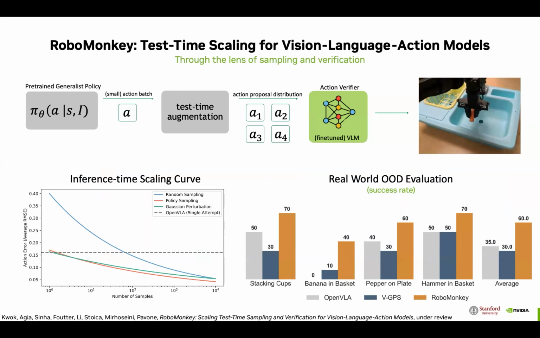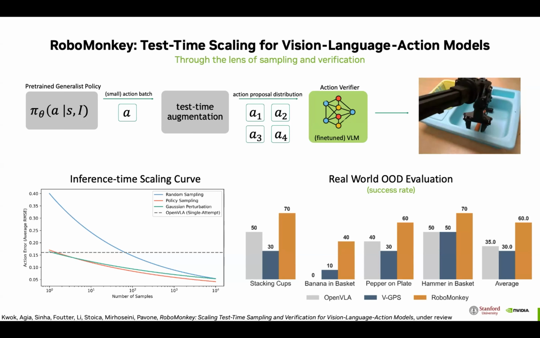This work, which we refer to as Robomonkey, essentially entails fine-tuning a vision language model on a synthetic data set of action preferences.